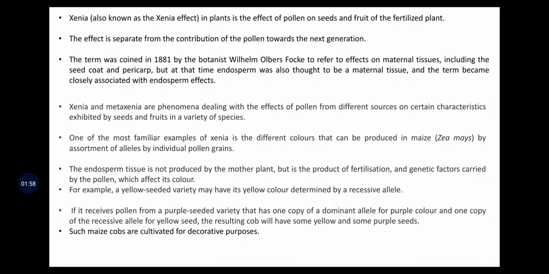For example, a yellow seeded variety may have its yellow color determined by a recessive allele. If it receives pollen from a purple seeded variety, then it has one copy of the dominant allele for purple color and one copy of the recessive allele for yellow, and the resulting cob will have the same yellow and some purple seeds. Such maize cobs are cultivated for decorative purposes.